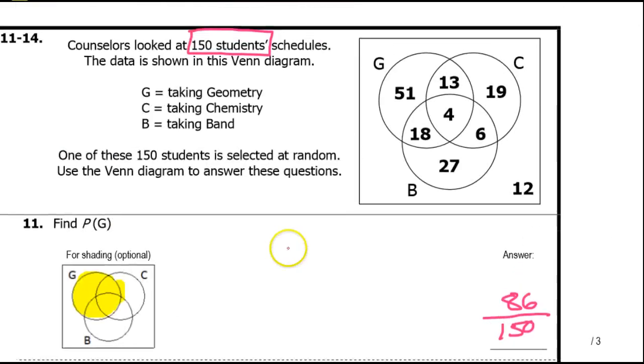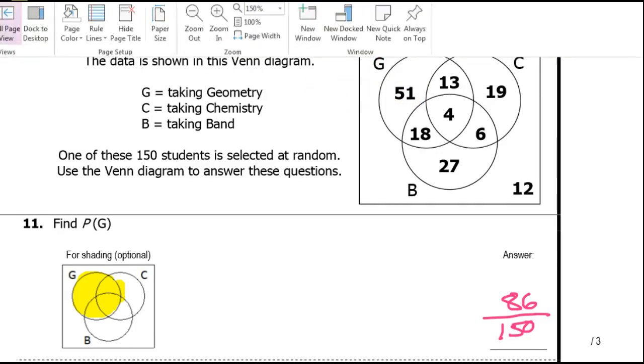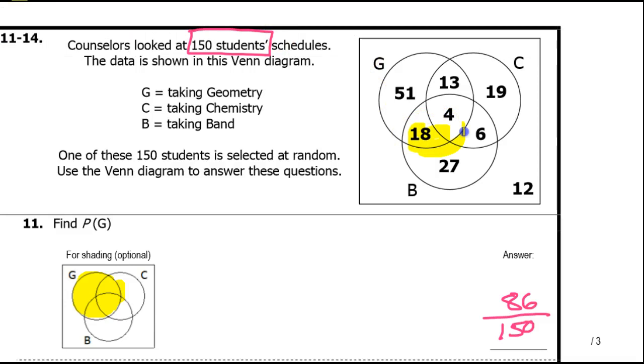So let me go ahead and actually cross out these numbers on this diagram. We decided we were going to highlight the B part, which is all of this, and we're going to cross out everything else.